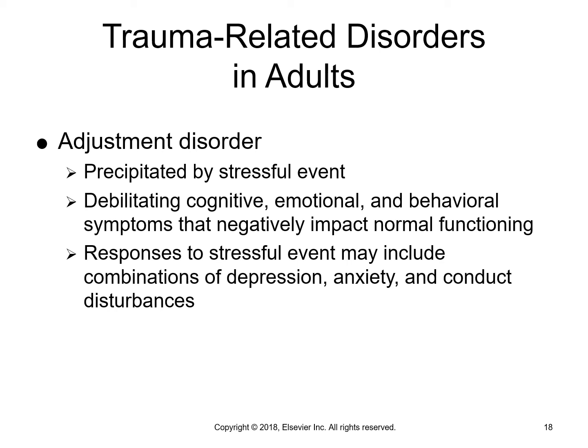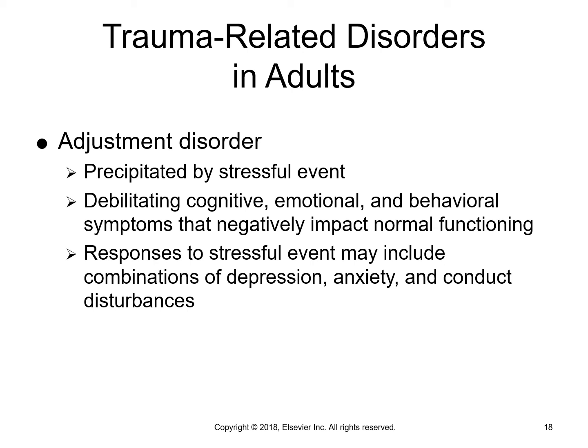And these symptoms should not prolong more than 6 months. After the stressor and its consequences have ceased, these symptoms should not last longer than 6 months. So that is the key criterion for adjustment disorder.